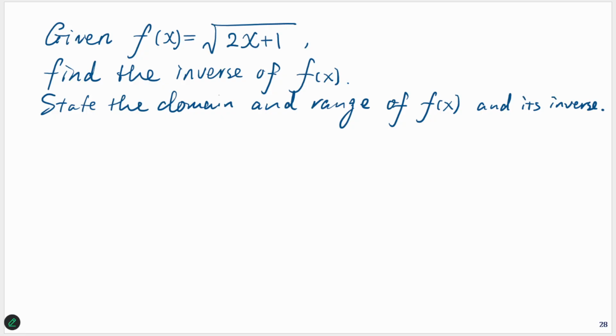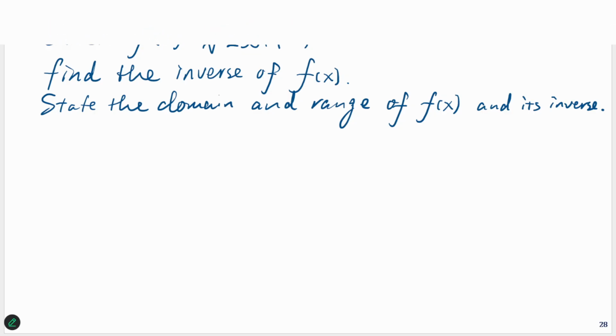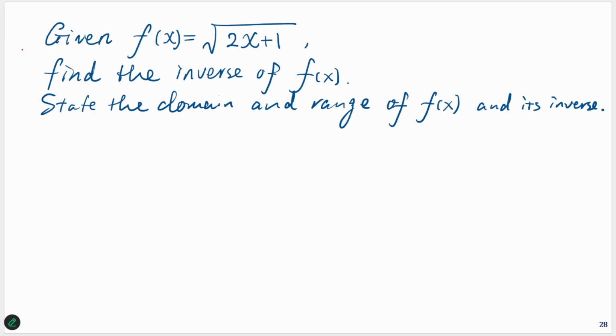Okay, I'm done. Let's have a look at the solution together. Find the inverse of f(x) means you need to solve x in terms of y, right? So first of all, we can let y equals square root of 2x plus 1. That's the original function, right? So here, it's better to find the domain and range of the original function.